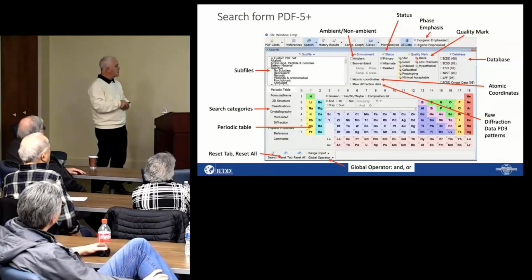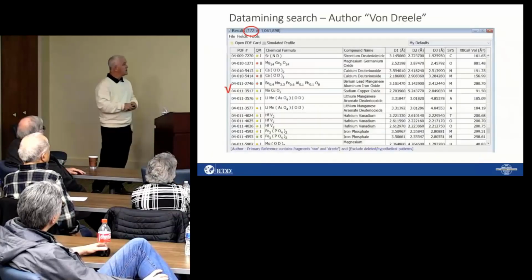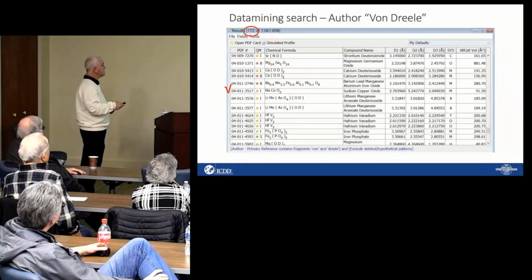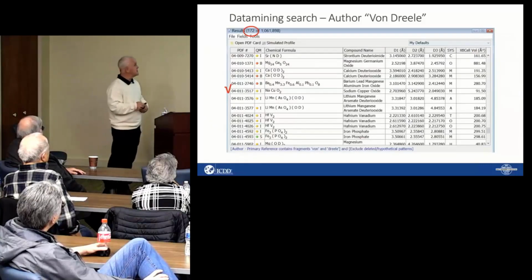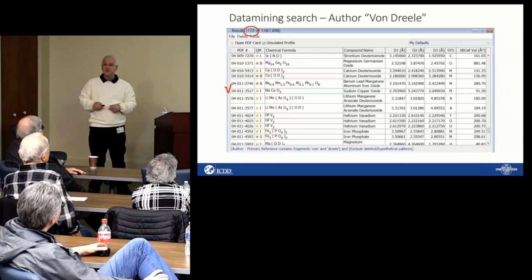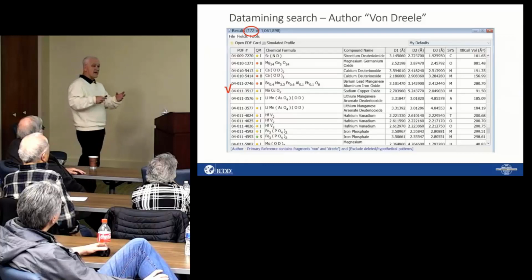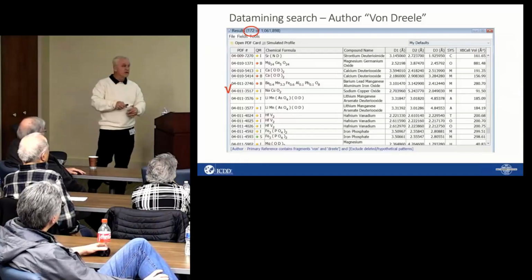One of the things that's in here is that beyond people doing some kind of chemistry search, there are a number of other search components here. One of them includes authors, references. And if you put in the author von Dreele for the search here, there are 172 entries that are in the database. And there's a combination, some of them are organic, some of them inorganic.